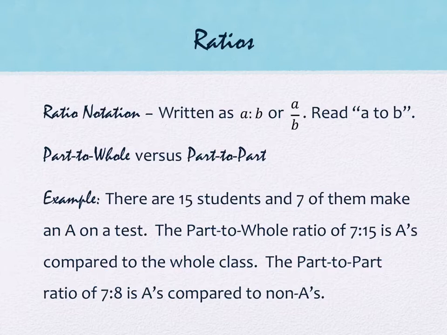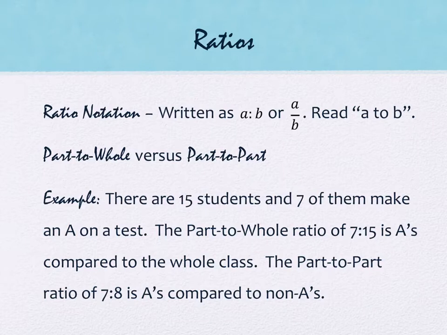I've used a little bit of the next language, this part to part, part to whole language back in section 6.1. A part to part versus a part to whole ratio description talks about how we compare things. So here's an example. We have 15 students, 7 of them make an A on a test.